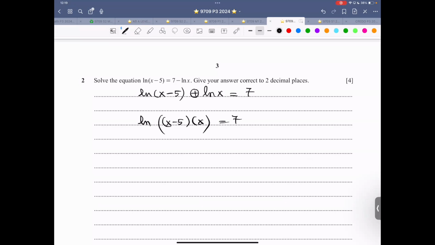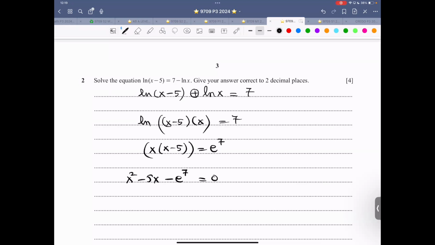Then I'm changing it into the index form: (x minus 5) times x is e raised to power of 7. Then x squared minus 5x minus e raised to power of 7 equals 0. Is this all good, all clear?